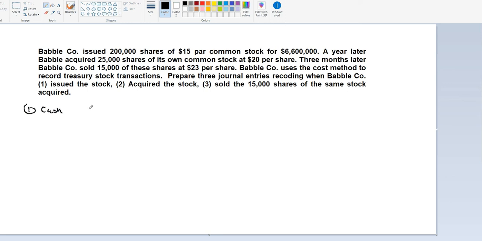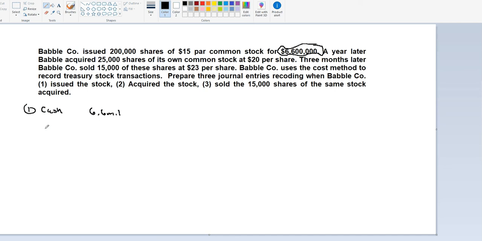Well, how much cash did we get? We got $6.6 million worth of stock. So because we got $6.6 million in cash, we're going to debit, because we increased our cash, by $6.6 million.